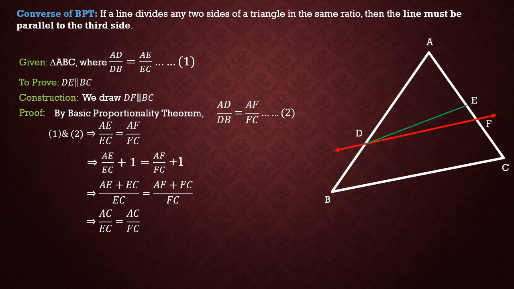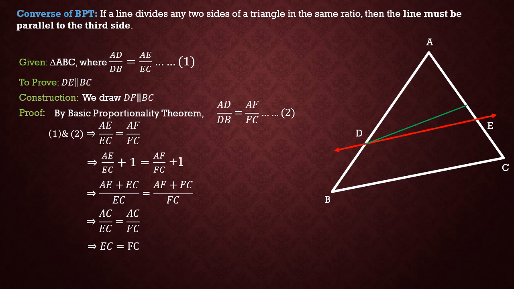Now since the numerators are equal and the ratios are equal, therefore the denominators have to be equal, that is EC and FC have to be equal. Now how can that be possible? That can be possible only if E and F coincide, right? Otherwise, there is no other way that it can be possible on the same line, because from C the distance of E and the distance of F is equal, and hence they have to coincide with each other.